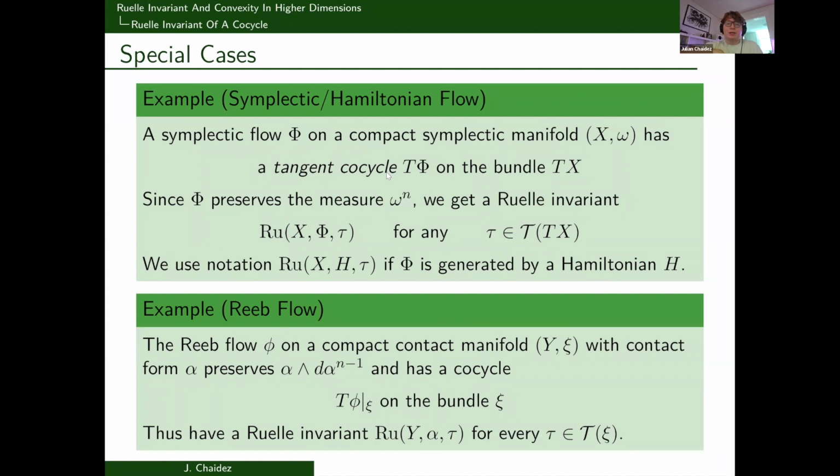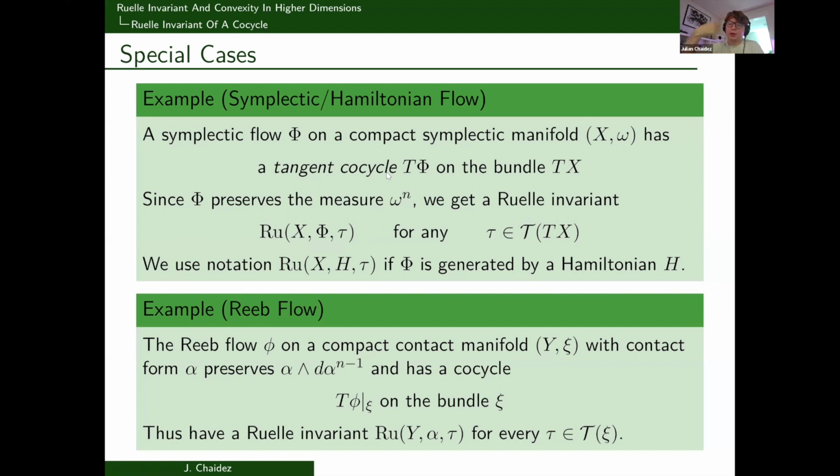Okay, so the next thing is if I have a Reeb flow on a compact contact manifold Y with contact form alpha, then that Reeb flow preserves the standard contact measure, which is alpha wedge d alpha to the n-1. And it has a cocycle, which is just the restriction of the tangent cocycle to the contact structure.